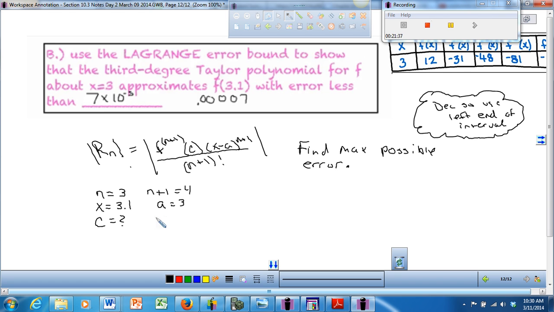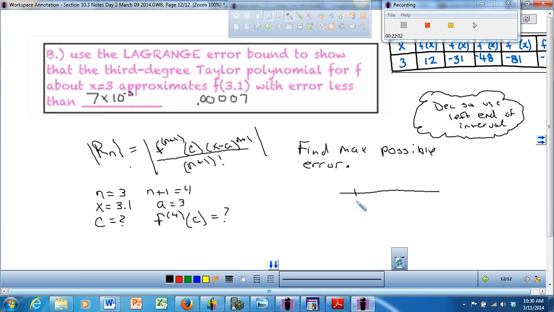And we'll need which derivative? The n plus first derivative would be the what derivative? f parenthesis 4 at c. Okay. So they told us that our function is decreasing, so we want to use the left end in our interval.